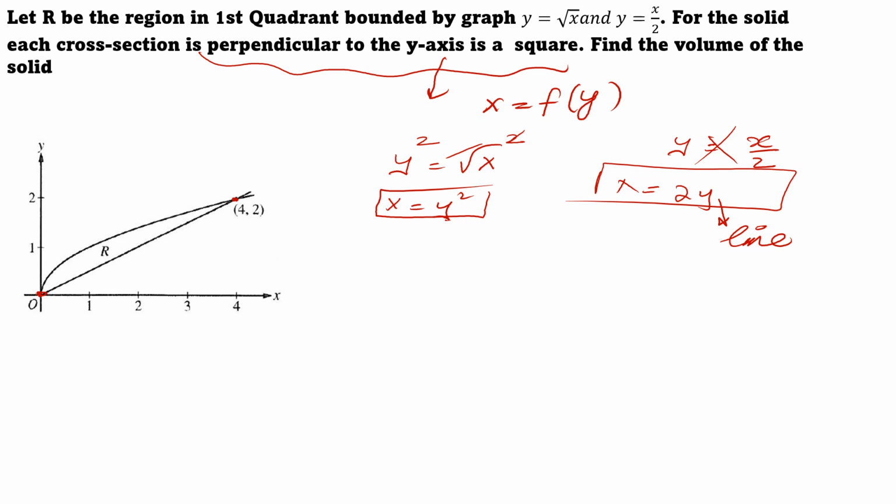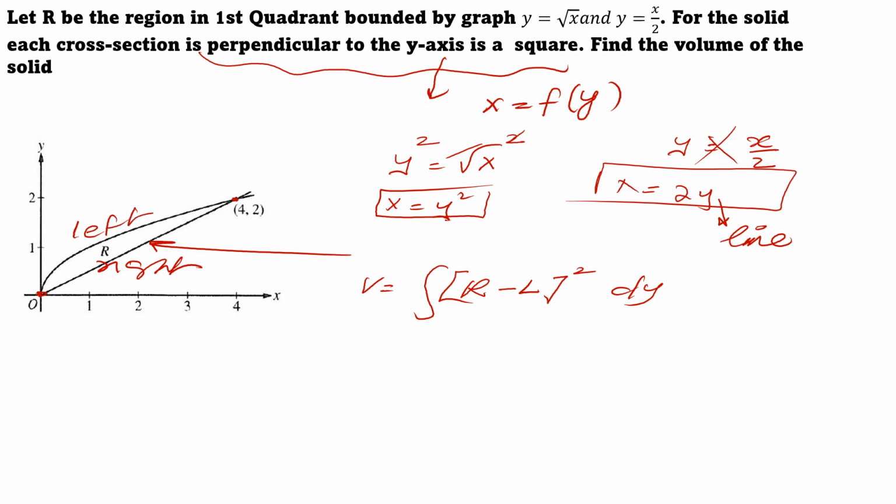So whenever we write the volume in the y form, perpendicular to the y-axis, our equation of the volume should be right minus left whole square and dy. Now what is right? This is your right curve, and this is your left curve. So the right curve is a straight line.